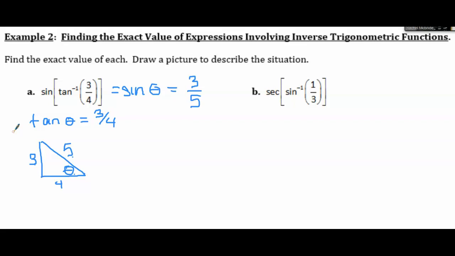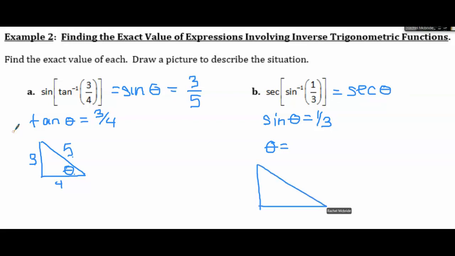Same with example B, inverse sine of 1/3 is like saying sine theta equals 1/3. So what is my theta? This is like secant theta. So draw your triangle. Sine is opposite over hypotenuse, so 1/3.